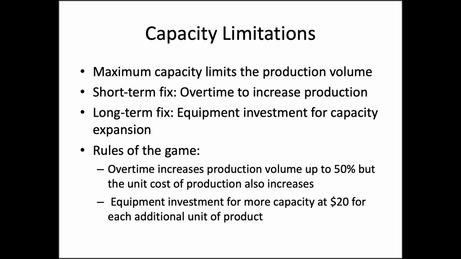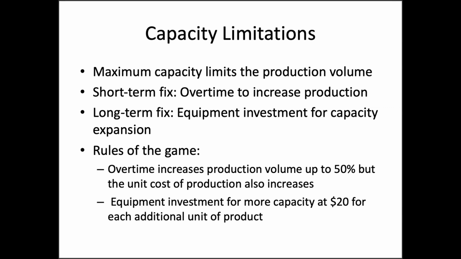Every production system has a maximum capacity. When the production volume you forecast exceeds that limit in any business period, there are two fixes. To increase the production capacity in any specific business period, a short-term fix is to go for overtime production.